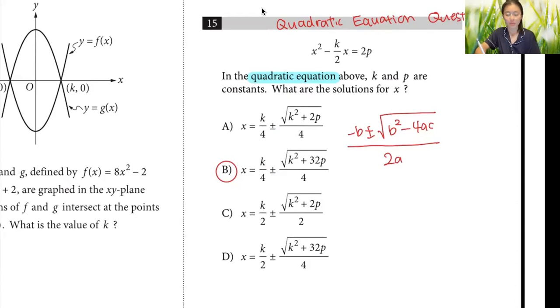This is the discriminant, by the way, just to remind you, whatever's inside the square root. And this is based on the standard equation. When everything equals 0, you look at a, b, c, and you just put in the numbers. It's really simple.